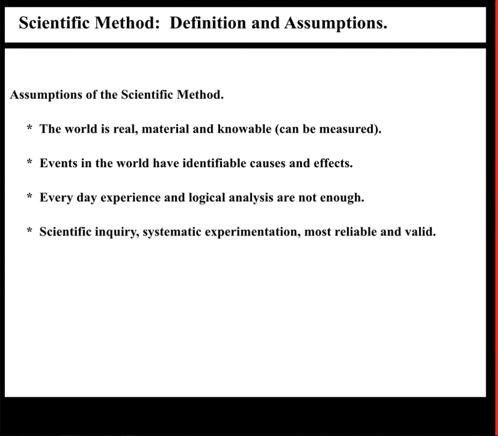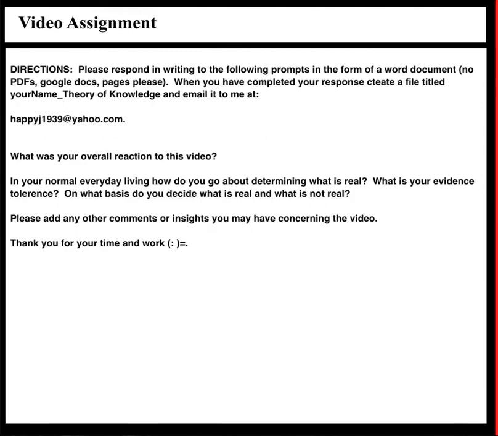Another assumption, everyday experience and logical analysis are not enough for us to determine what is real and not real. And the final assumption, that scientific inquiry, systematic experimentation are the most reliable and valid ways of determining reality.